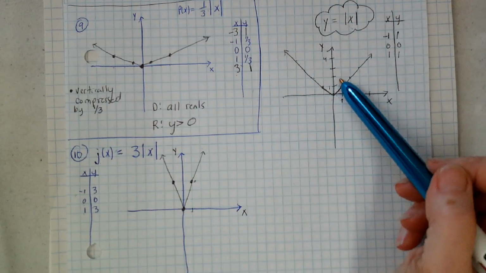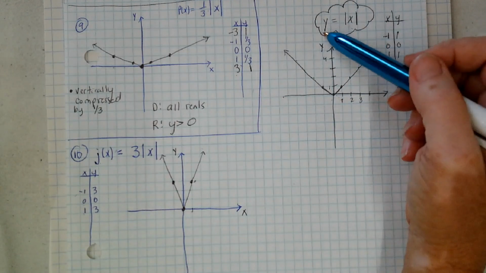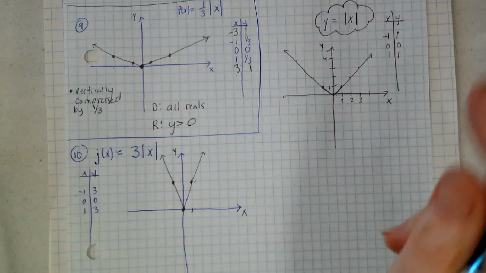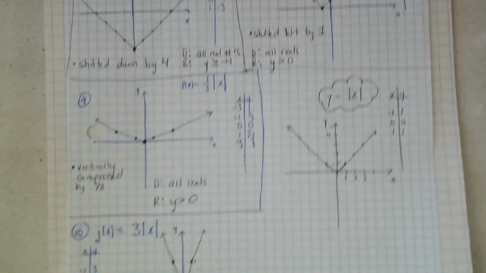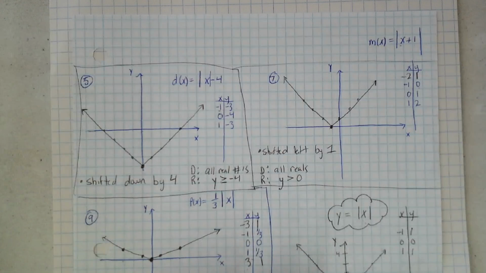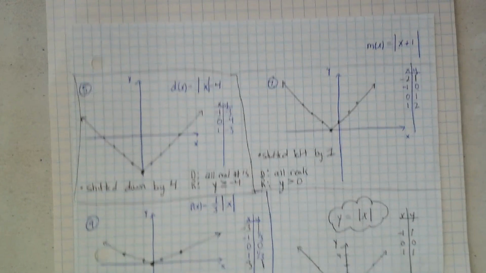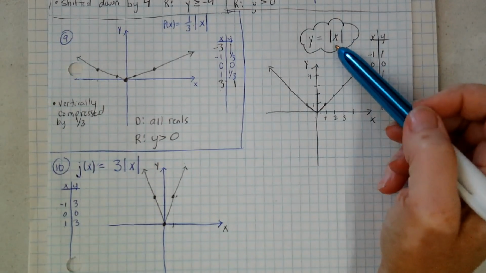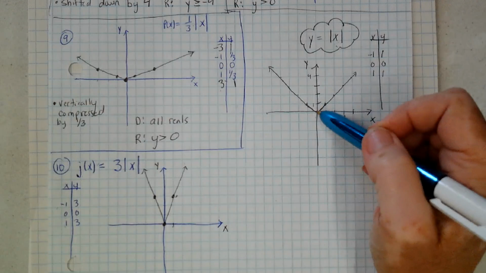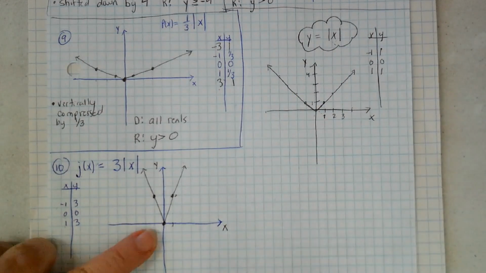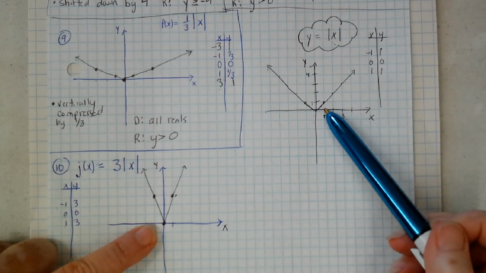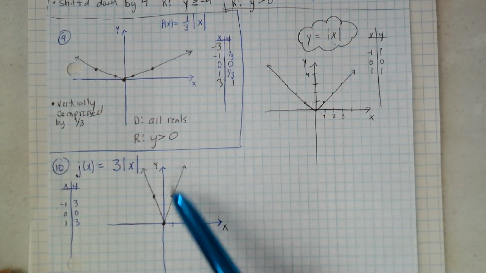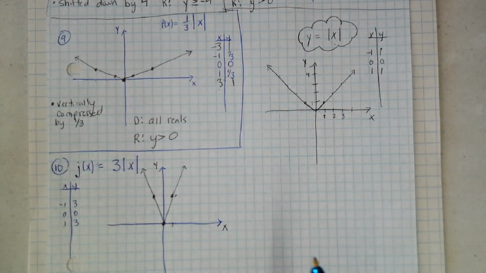I have to compare it to the parent function. The parent function is just the graph of y equals absolute value x. In the first video that I sent you, I talked all about the different transformations of graphs, so you can go back and watch that if you need to. This graph looks like this. How does it look compared to this graph? I think it got narrower. We call that a vertical stretch, and your book teaches all that.